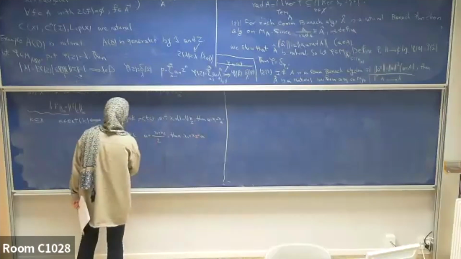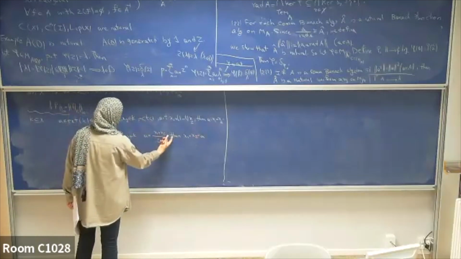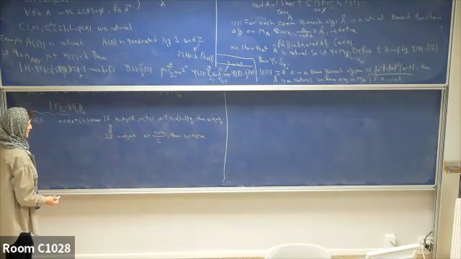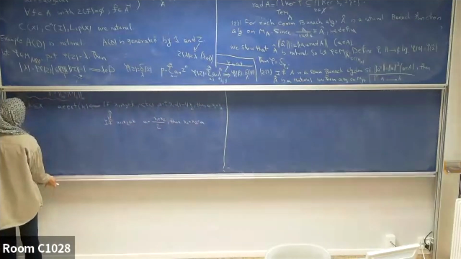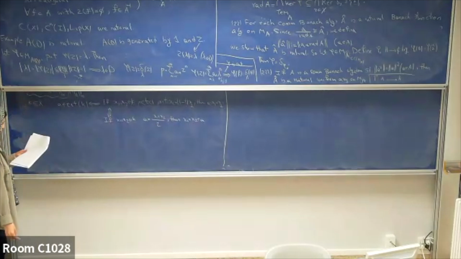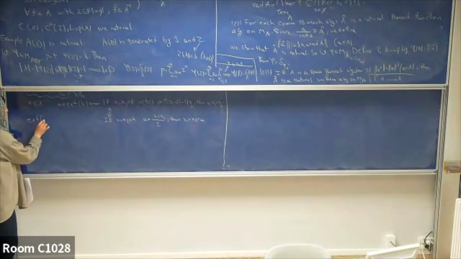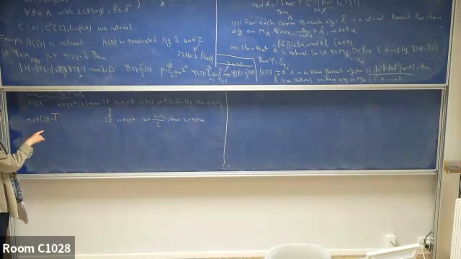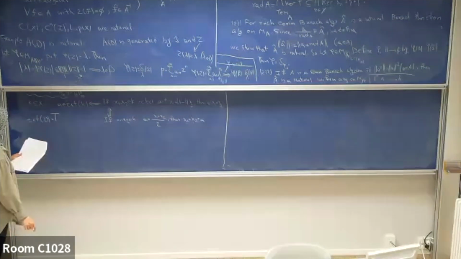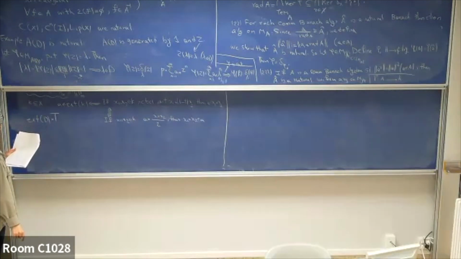I mean that this equation implies that the points are the same, and it means that a is an extreme point. For example, the extreme points of the closed unit ball of C form the unit circle. Of course, it's true for each Hilbert space. I mean that the extreme points of the closed unit ball are the unit sphere. Of course, we use it several times.